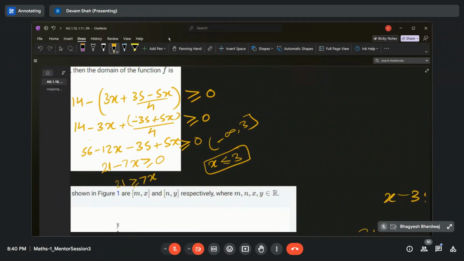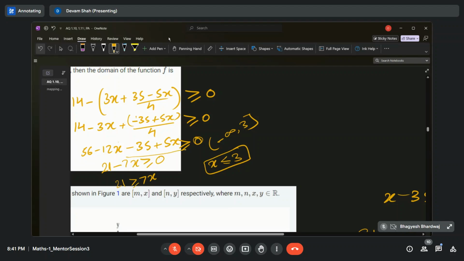Here, you can see it was 14x. I multiplied 4. 14 into 4 is 56, minus 3x into 4 will be minus 12x. So here is that thing. And here I just took the plus inside, and the denominator was 4, but I multiplied both sides with 4. And 4 into 0, the other side would be 0.